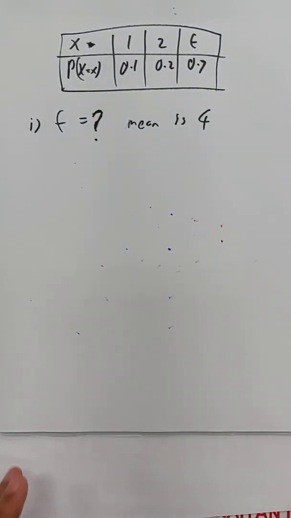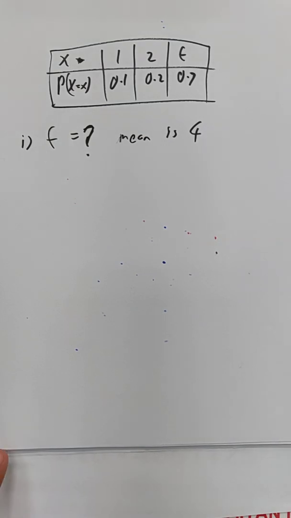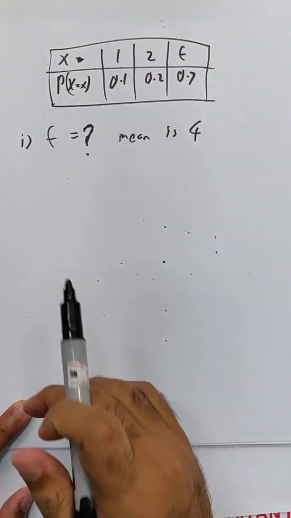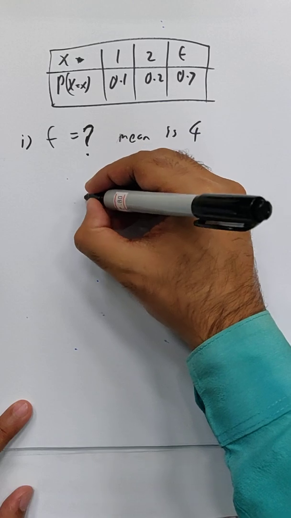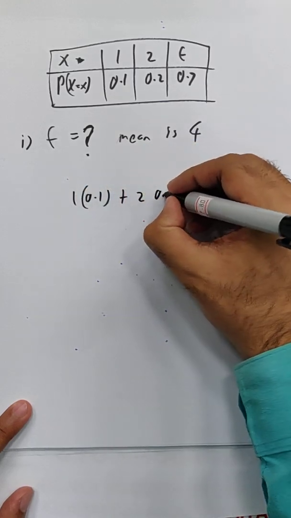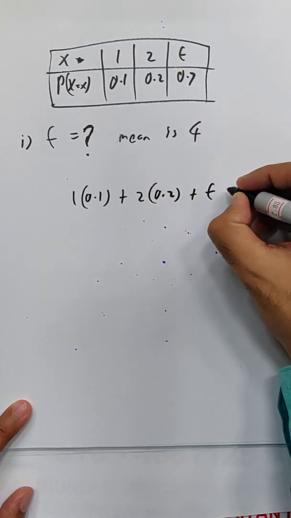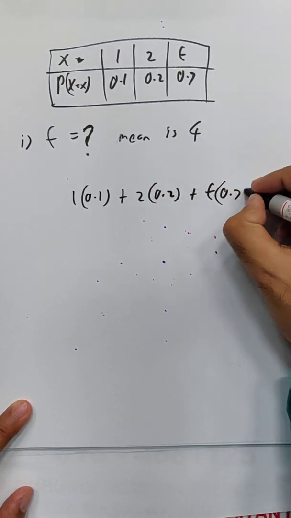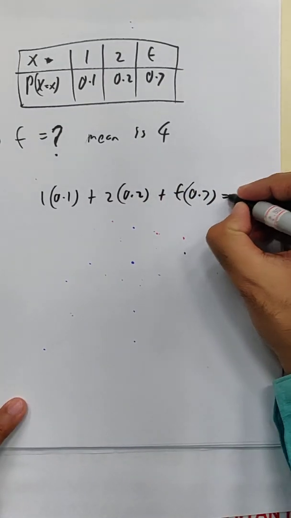What is t? How do I find the mean? Times, add up, right? So 0.1 times 1, plus 2 times 0.2, plus t times 0.7, and this should equal 4.